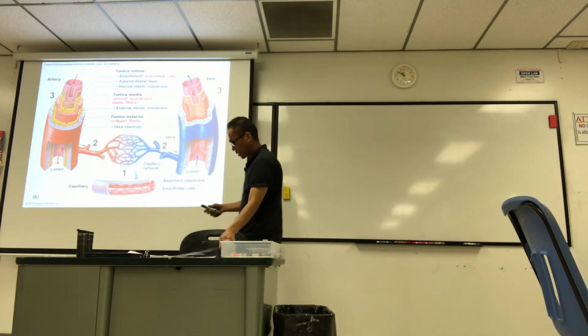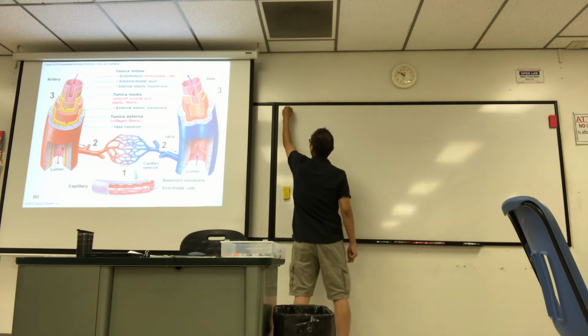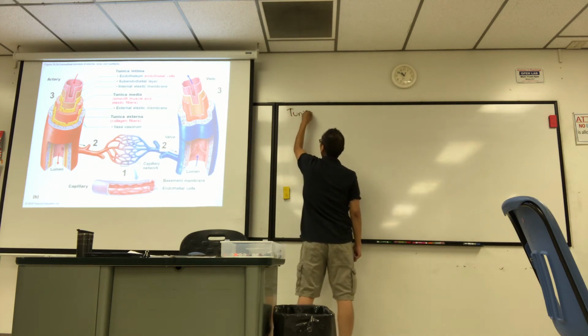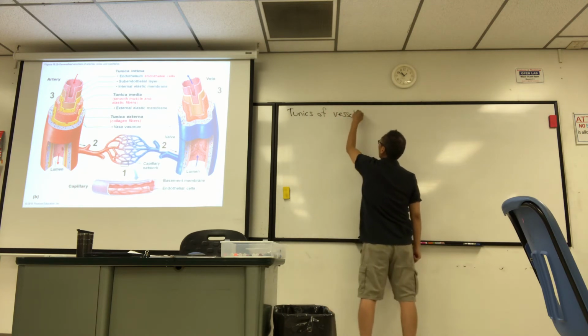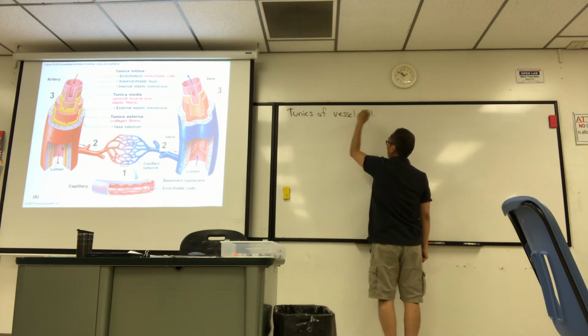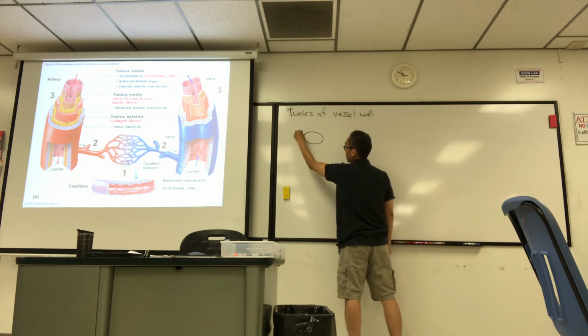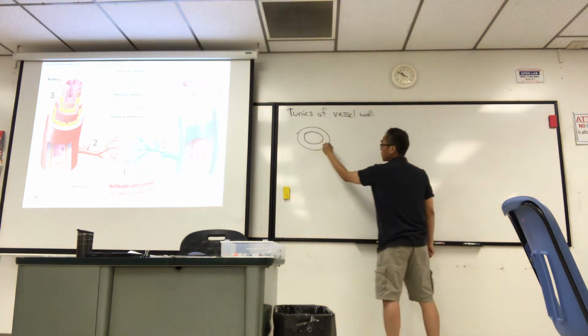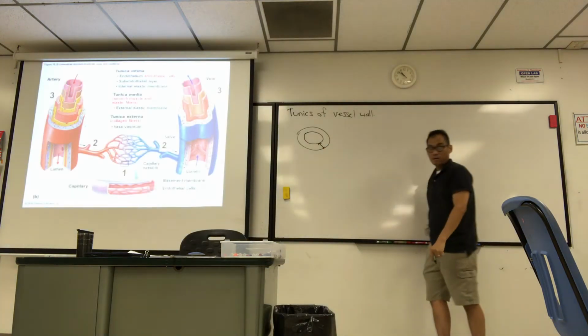So let me teach the tunics of the vessel wall. Let me be clear about what a vessel wall is. If you look at the cross section of a blood vessel, as we've been doing, the vessel wall is only the layers between right there.